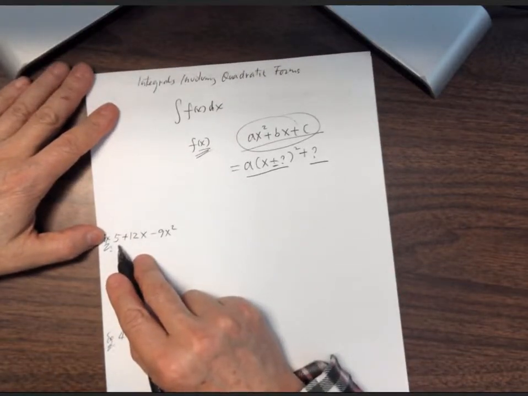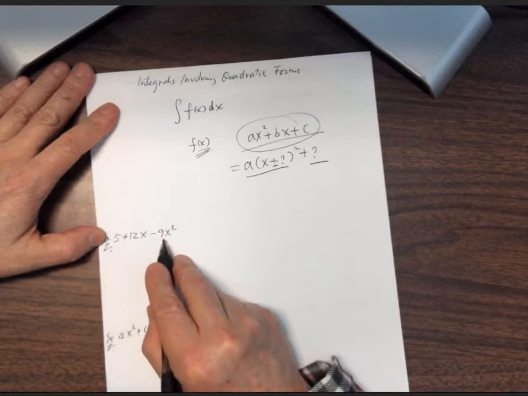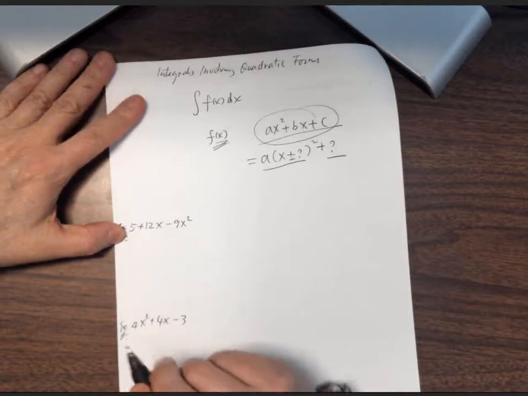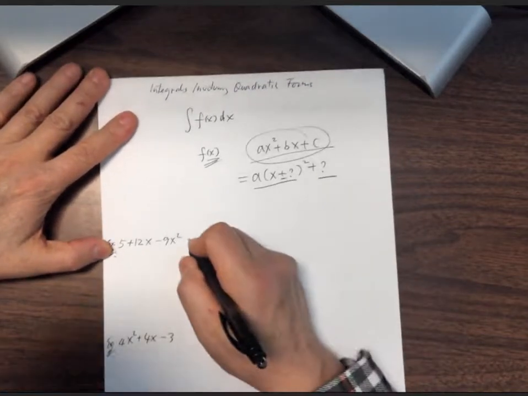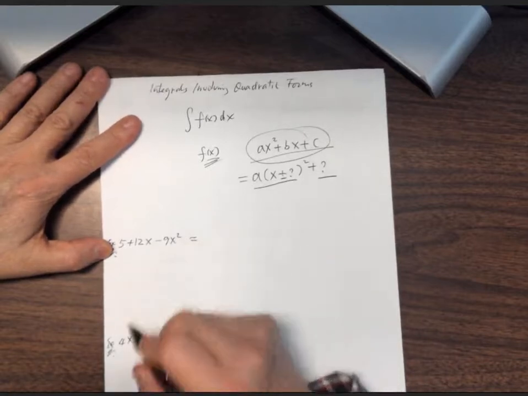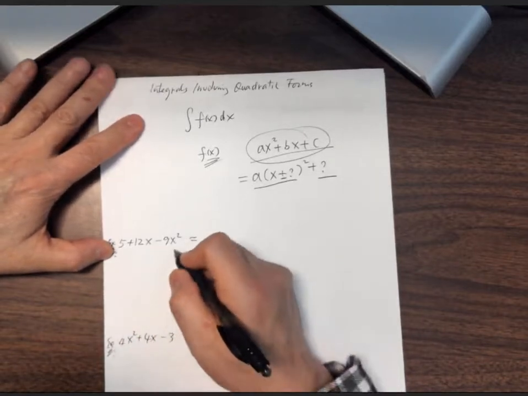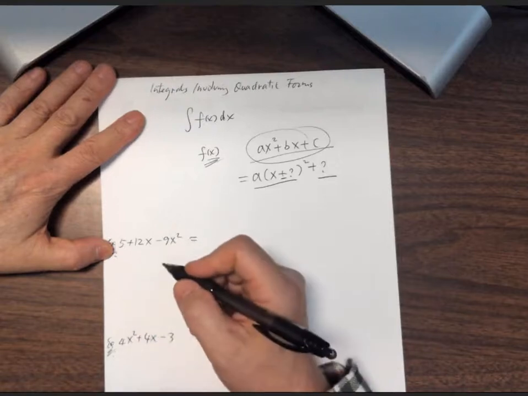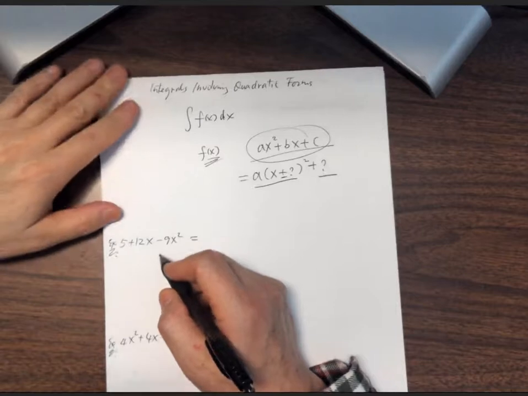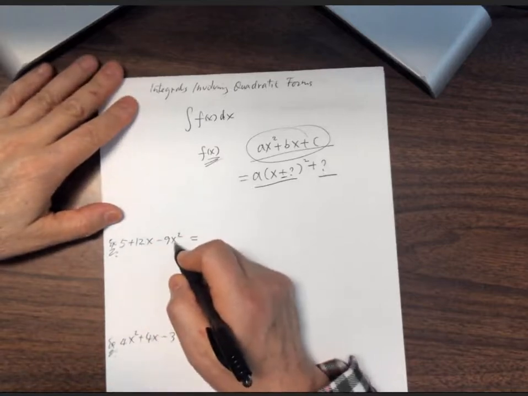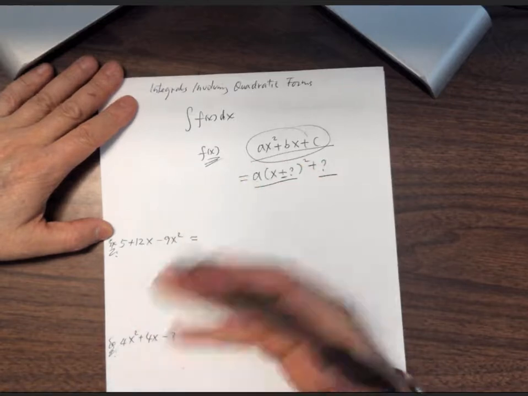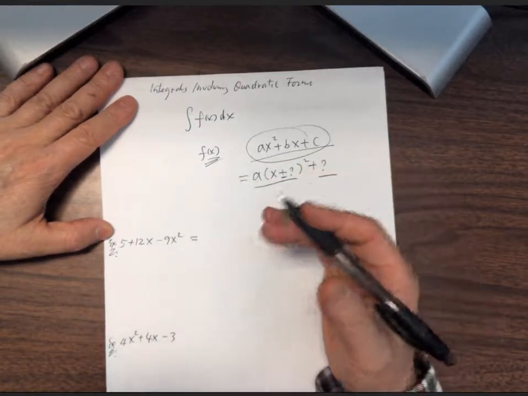Let's first start with 5 plus 12x minus 9x squared, a quadratic form in algebra. The way we complete a square is we add a number to the expression so that the x squared term and the x term can be turned into a perfect square.